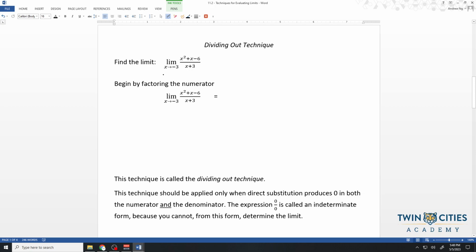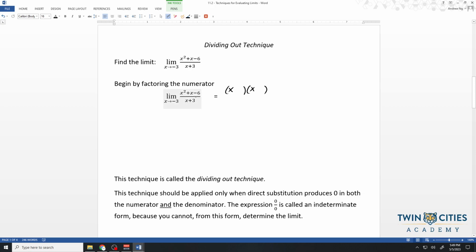The limit as x approaches -3 of (x squared plus x minus 6) all over (x plus 3). Begin by factoring the numerator. x squared plus x minus 6. This could factor to a set of binomials here. I've got x and x.